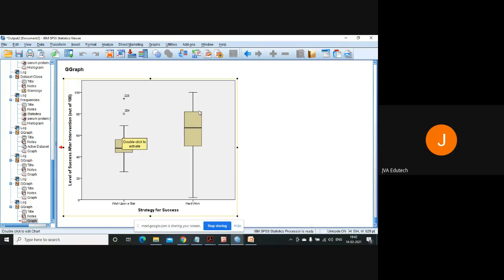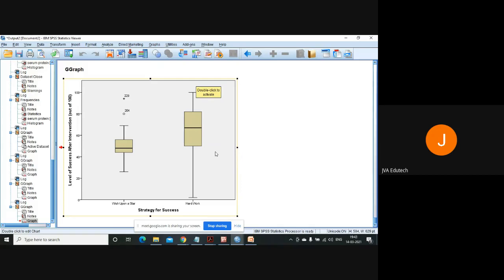So on this chart, the top 25% shows the upper quartile, then the median and lower quartile. This overall area will cover the middle 50% of people, and the bottom is the rest of the 25%.